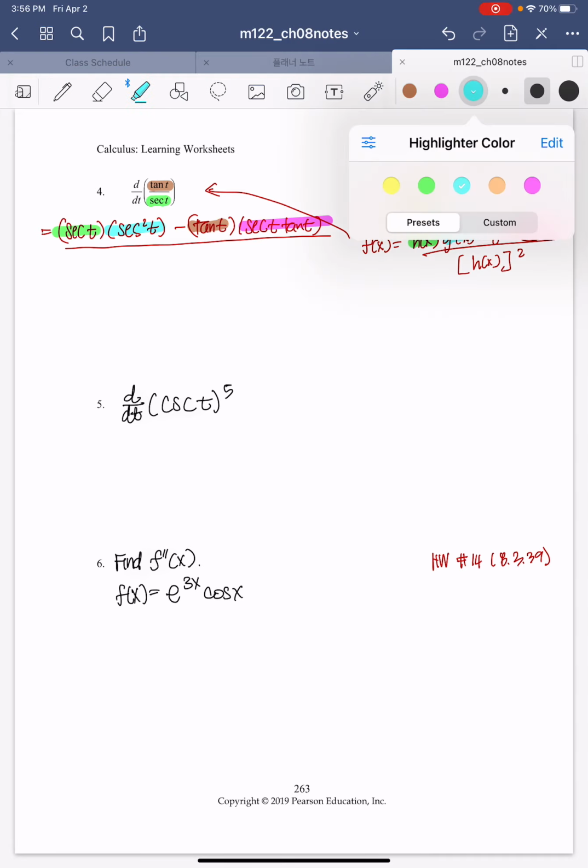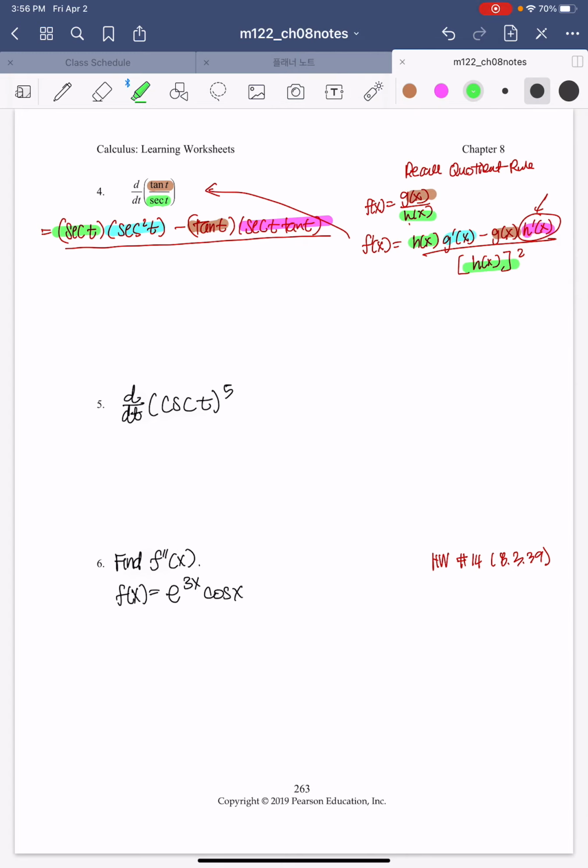The bottom one is h, so I'm going to square the secant, giving secant squared t. I have secant t times secant squared t, so in total a secant cubed t. Here I can multiply this, which makes minus tangent squared t secant t, all over secant squared t.